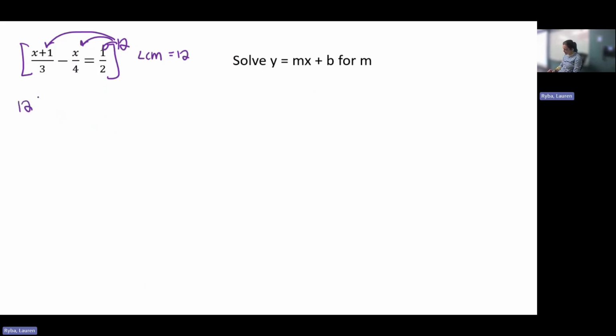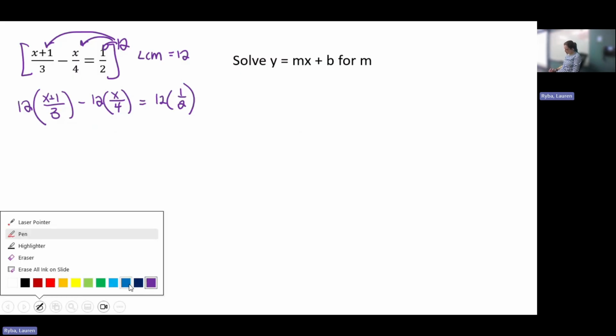I'm going to write it out just so you can see what I'm doing and how I'm getting each step here. I'm just going to write the 12 being multiplied by each piece, and then I'm going to show you how it simplifies. When I have a multiply and a divide here, I can reduce with the division first.